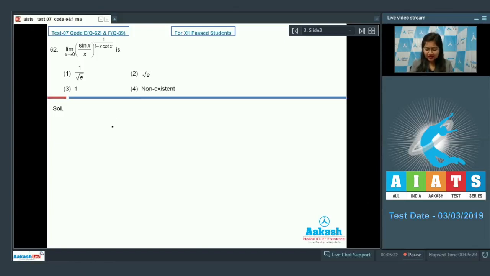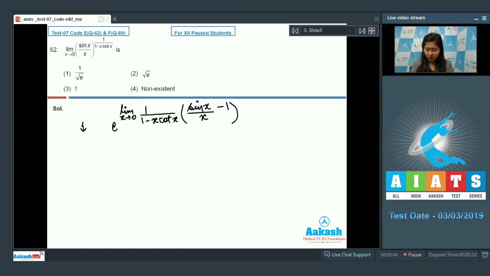So it can be written as e raised to the power limit x tending to 0, taking the power down, it can be written as 1 upon (1 minus x cot x) into (sin x upon x minus 1).